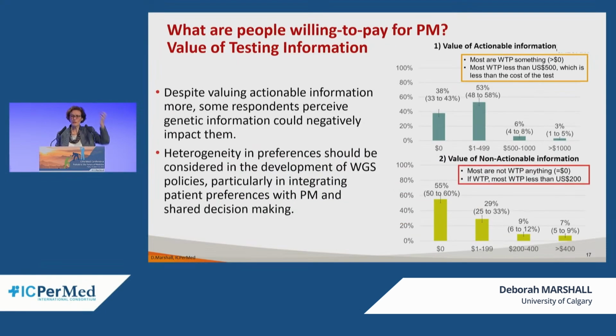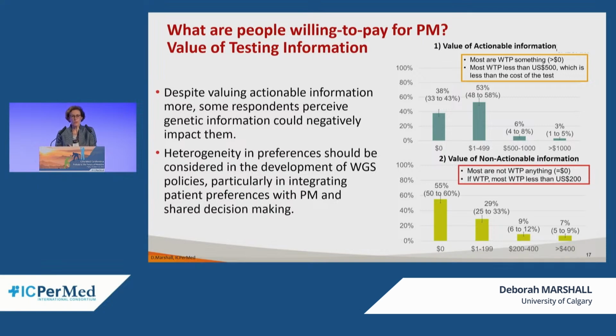So when we did this survey, contingent valuation is a survey technique where we're asking people what they would be willing to pay for this intervention. We looked at actionable findings in a gene report and non-actionable findings. I won't go over the details here, but what we find is that some respondents perceive genetic information could negatively impact them.